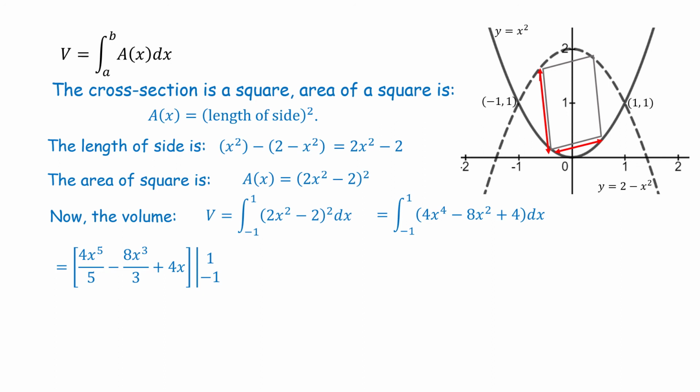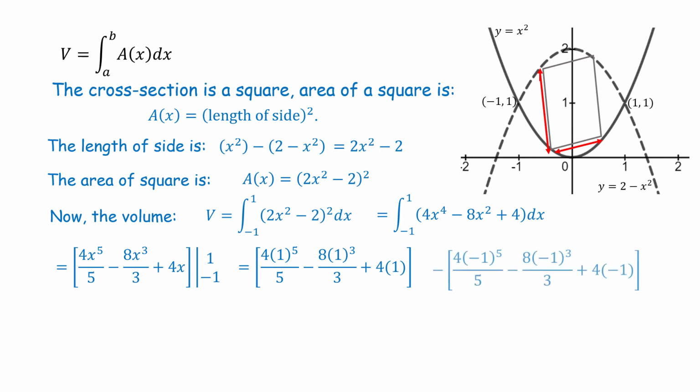That means we compute the integral at 1, which means 4 times 1 to the 5th over 5 minus 8 times 1 cubed over 3 plus 4 times 1, and then we evaluate the integral again, but at -1, which will give you 4 times -1 to the 5th over 5 minus 8 times -1 cubed over 3 plus 4 times -1, and that computes to 64/15.